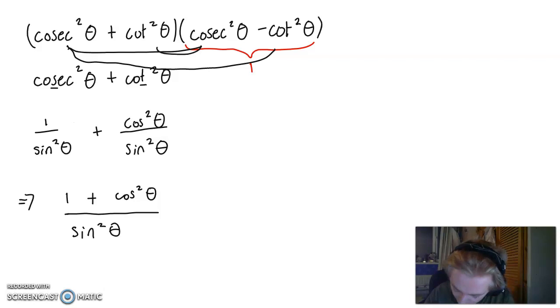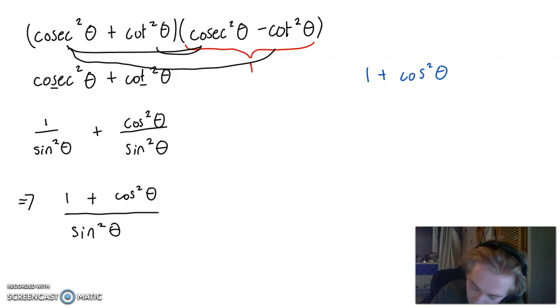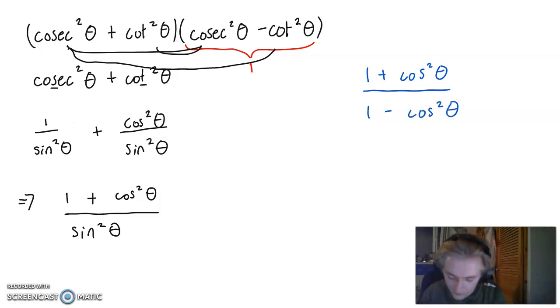If I just rewrite the identity in blue, so this is what we want to prove it equals, and we're really, really close. Right? Perfect. So we have the top, let's give that a tick. Now we just need to change the bottom from sine squared theta somehow to 1 minus cosine squared theta. Do you have any ideas?